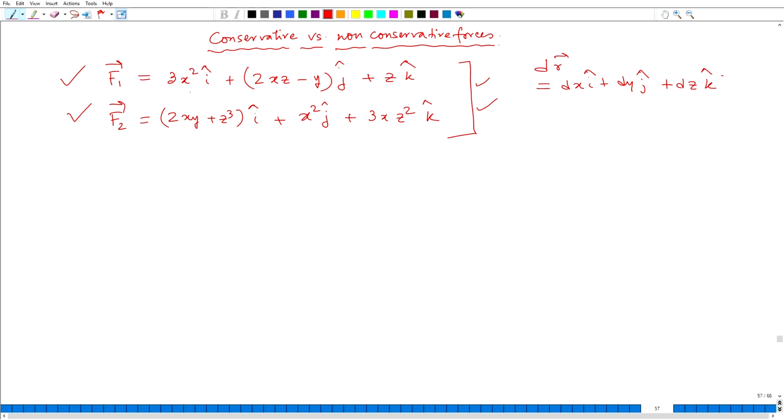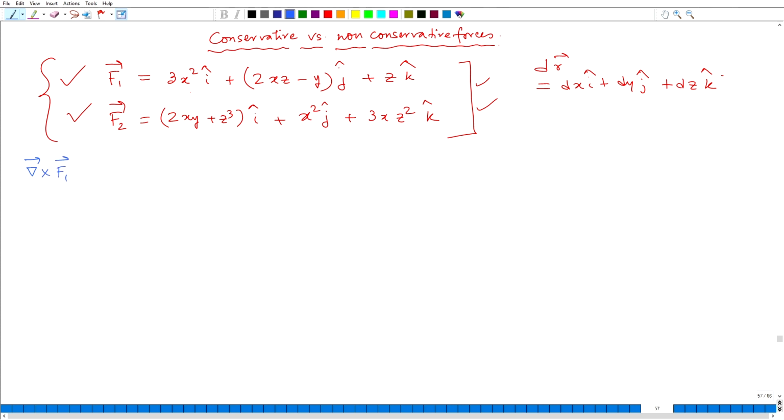Whenever you encounter this type of problem of calculating work done, in tests, in interviews or wherever, the first task is to check the curl of the force field. This is not a hard and fast rule, but it is a very useful trick.